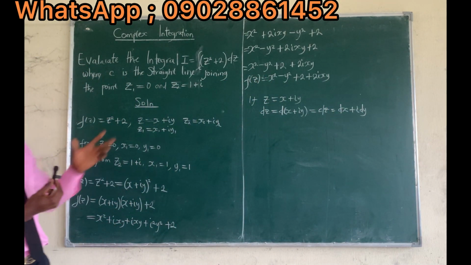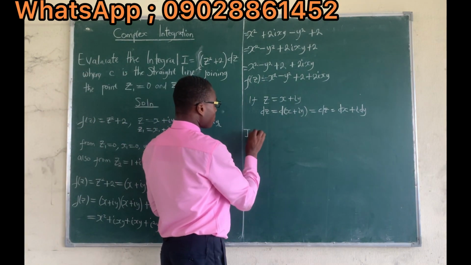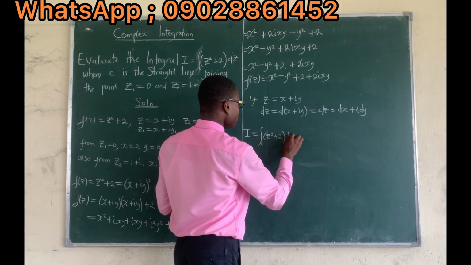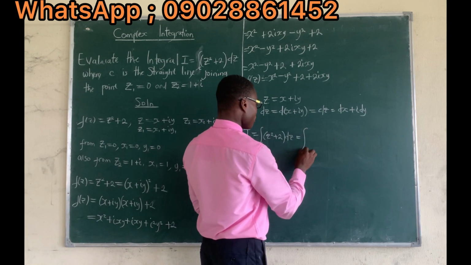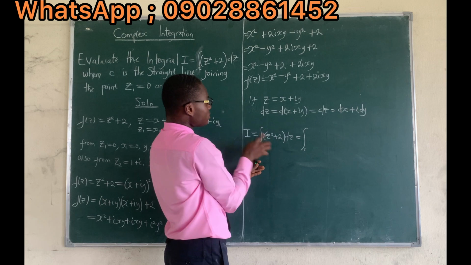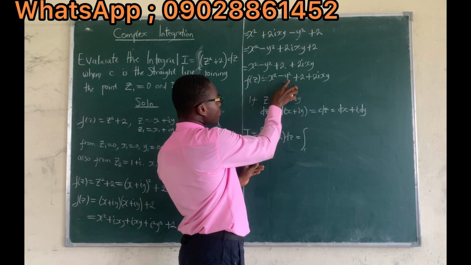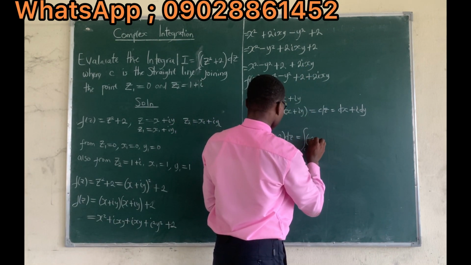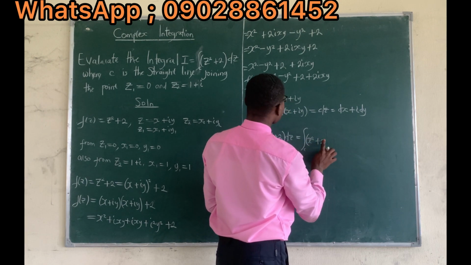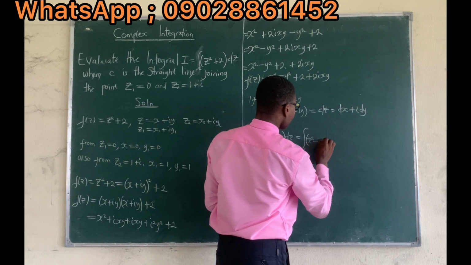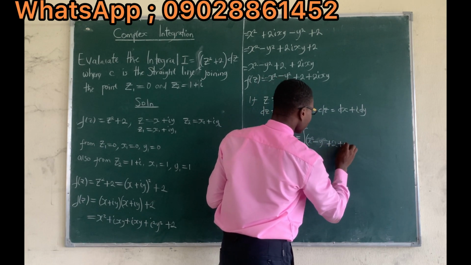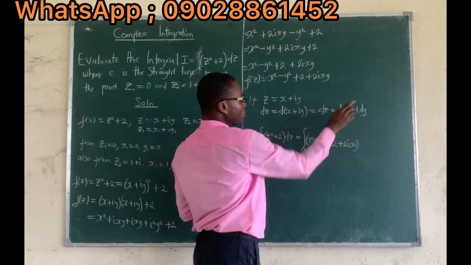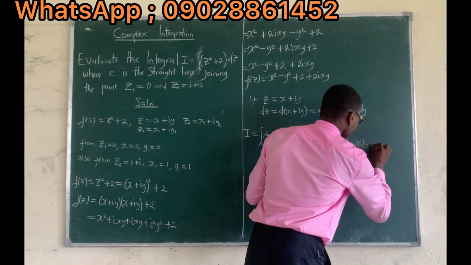So we can complete the integral I. It means that I, which is equal to the integral over C of z squared plus 2 dz, is equal to the integral over C of x squared minus y squared plus 2 plus 2ixy, times dz, and dz is equal to dx plus i dy.